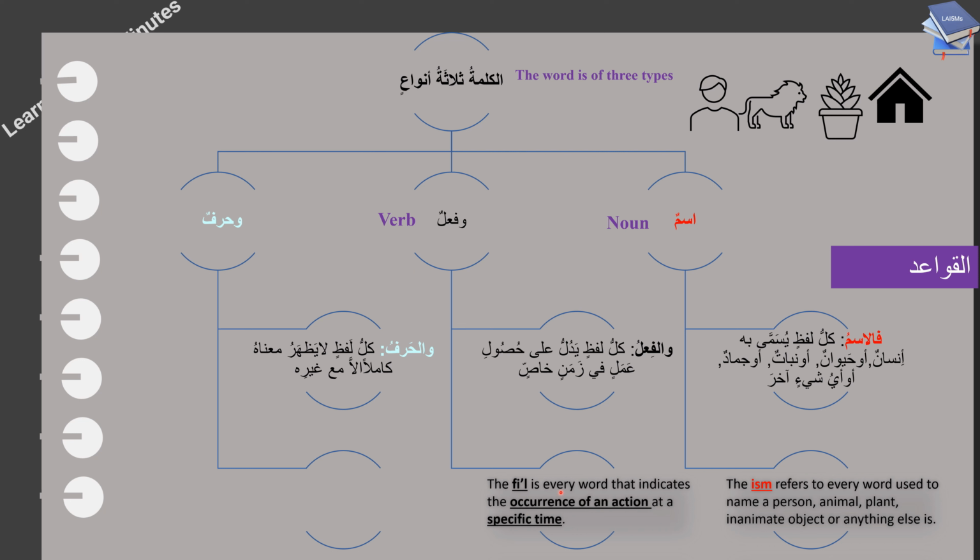The fi'l is every word that indicates the occurrence of an action at a specific time. وحرف, particle preposition. The harf is every word whose meaning is not completely clear without other accompanying words.